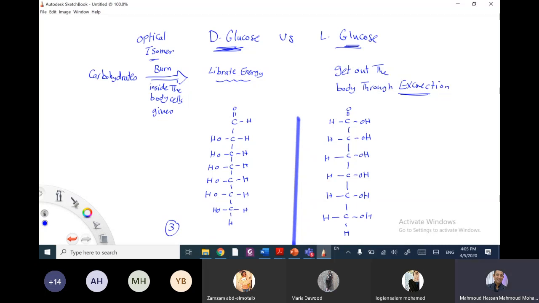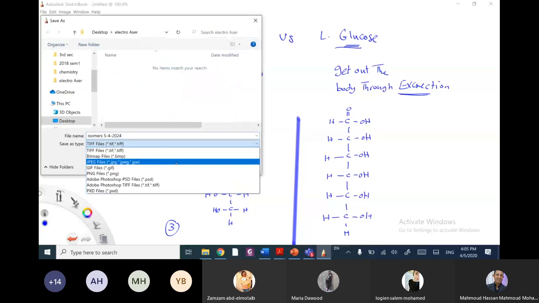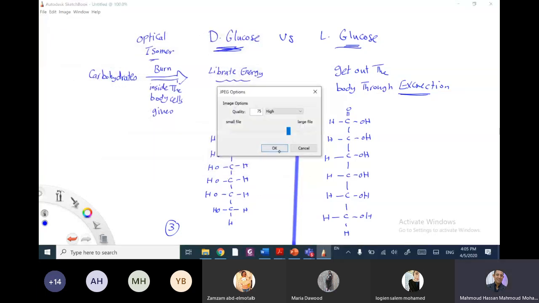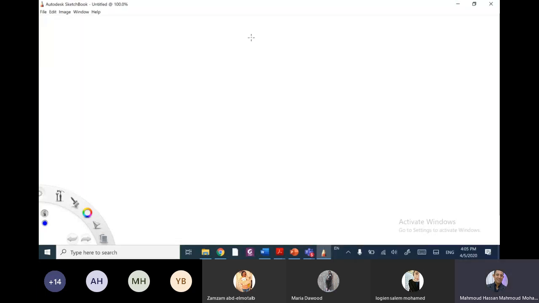Okay. Now return back to the sum of the question. It is our topic today. It's only about the isomers. Now we are going to talk about the alkenes, isomers, and the cis and trans. Alkene, the general formula for it will be CnH2n.